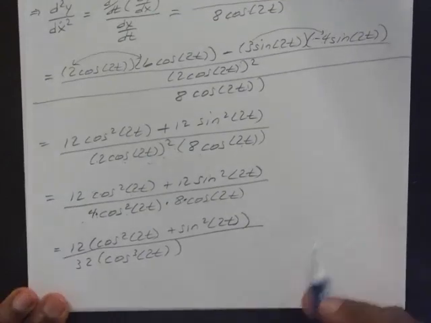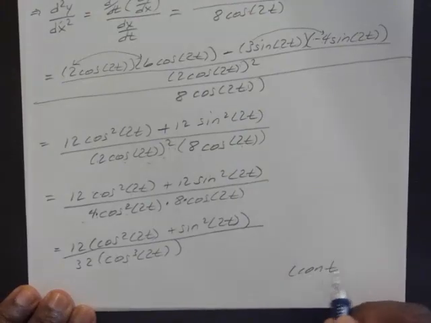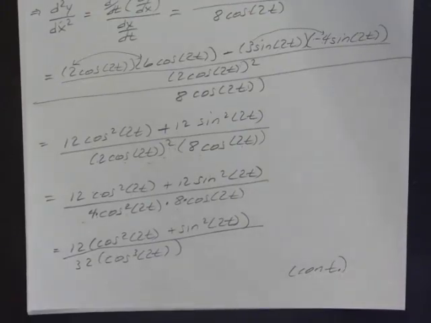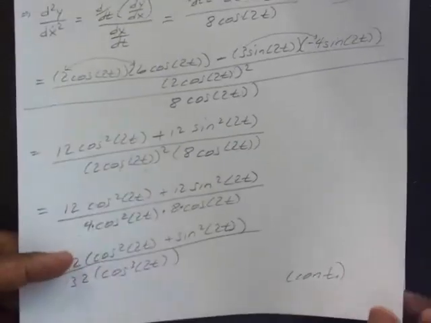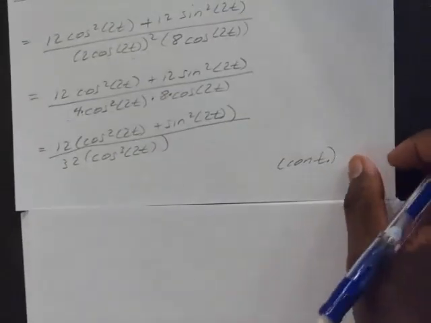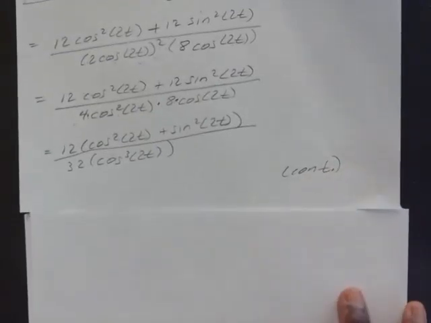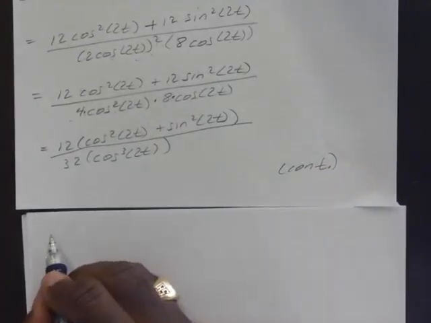I thought I'd be able to finish it on this page, but I'm not going to try and squeeze it all on that little spot. All right, let me move that up just a little bit and rewrite where we left off.